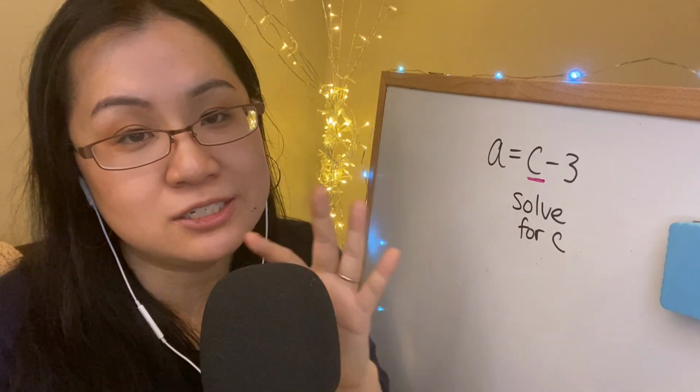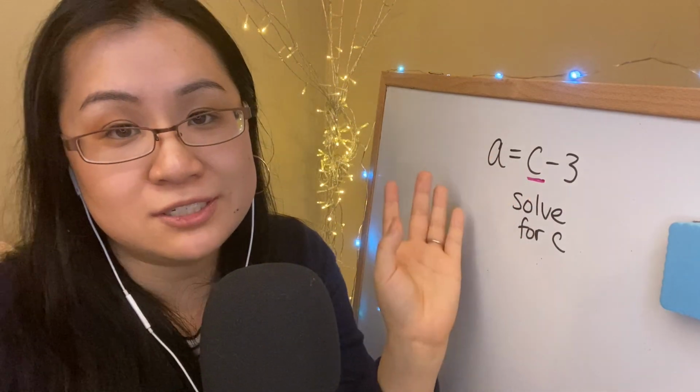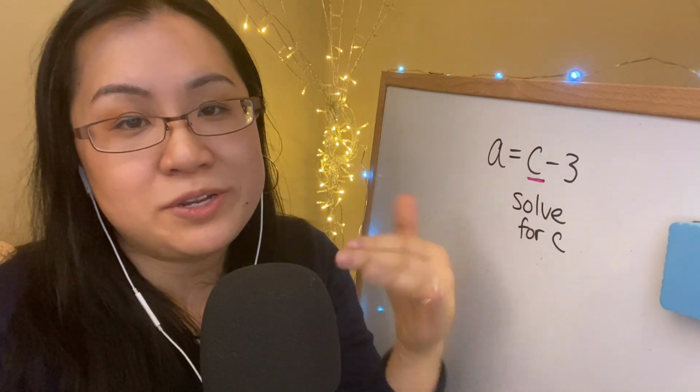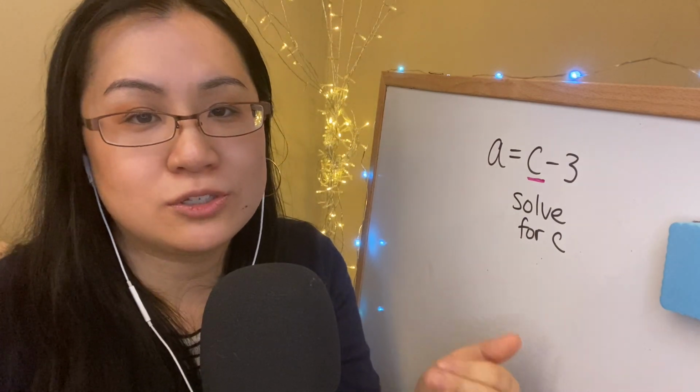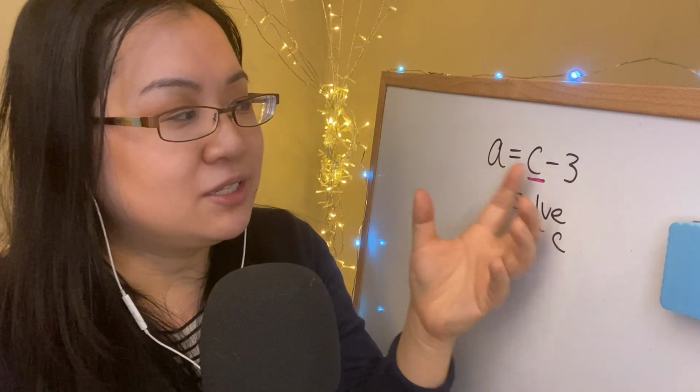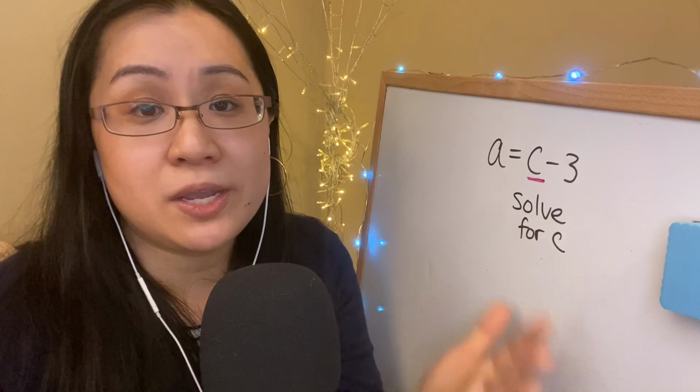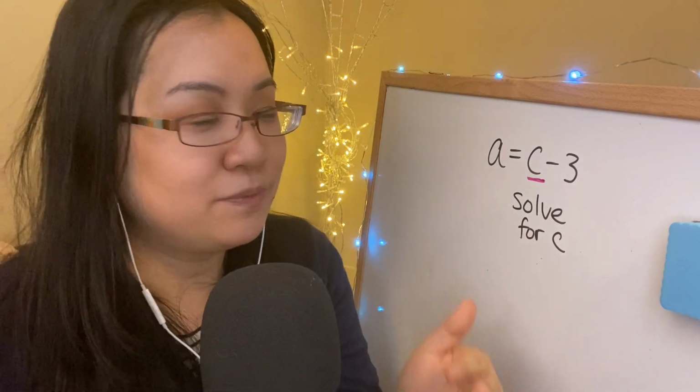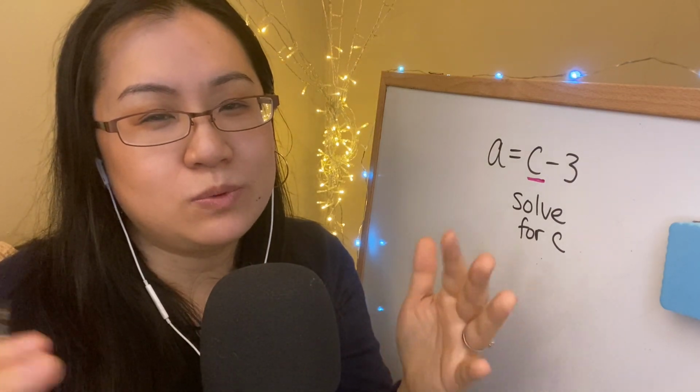Maybe you need to take time with taking things one step at a time, or rebuilding a little bit of how to solve, how to manipulate these kinds of equations, and it's okay to take time to do so.